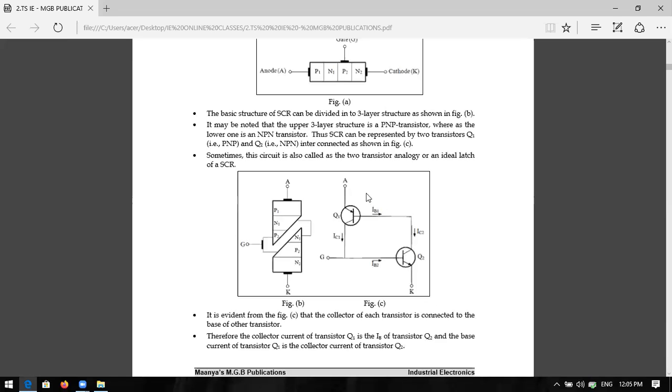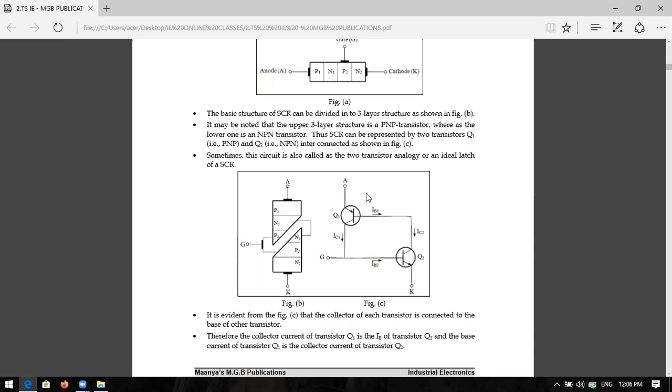Generally, in practice, if you connect two transistors back to back, it will not work as an SCR. But for the purpose of analysis, we have taken it and we are analyzing it.